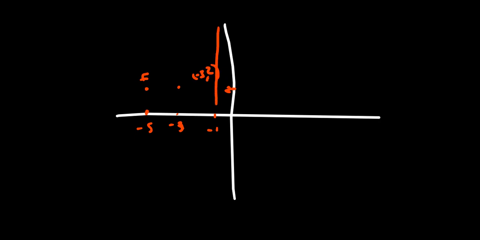This is my directrix. Then my parabola will go through the vertex, then it turns like that. So this is how it will look, and the directrix is x equal to negative 1. So this is how that graph will look.